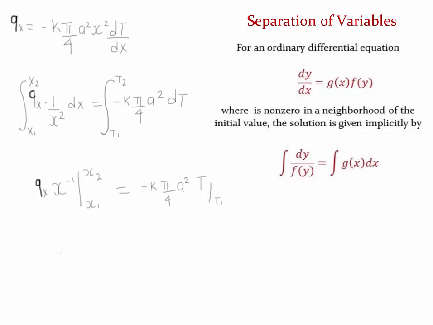If we substitute these values, we get the following expression: Qx times (1 over x2 minus 1 over x1) is equal to k pi over 4 a squared times (T2 minus T1).